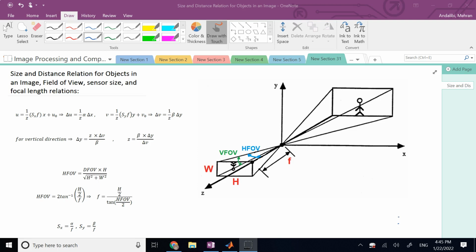If you remember from perspective projection, the pixel coordinate of a point with XYZ coordinate in the world frame or the camera frame can be written as u and v, horizontal and vertical pixel coordinates, where u was 1 over z sxf times x plus u naught, and similarly v was 1 over z syf y plus v naught, where u naught and v naught were the coordinates of the center of the image, right?